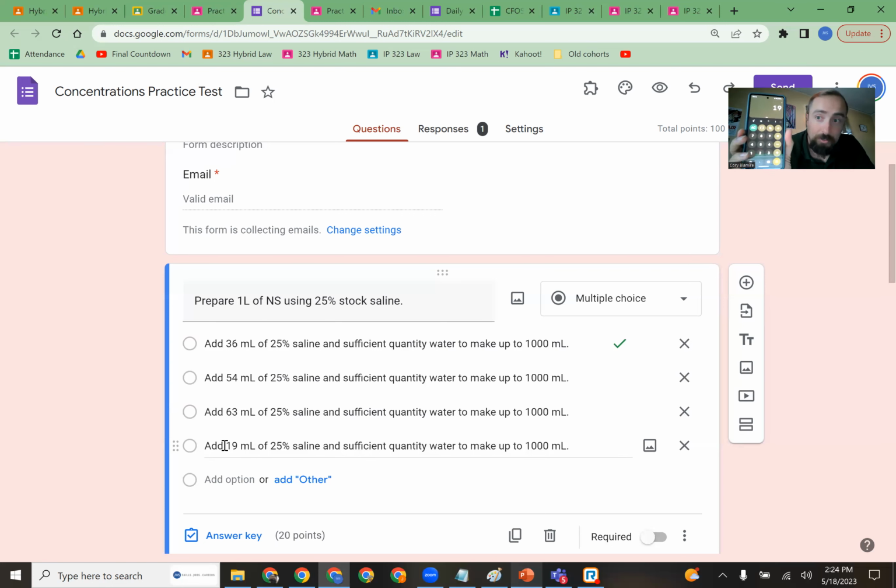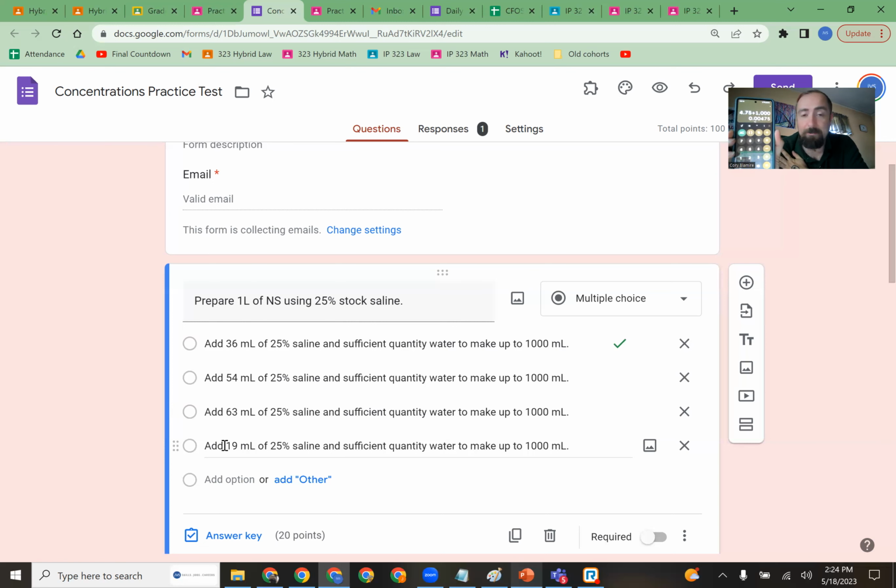19 milliliters of that same stock solution times 0.25 gives us 4.75 milliliters of saline. As a percentage of the full liter, the 1,000 milliliters that we want to get to, that's 0.00475. That also doesn't look right.